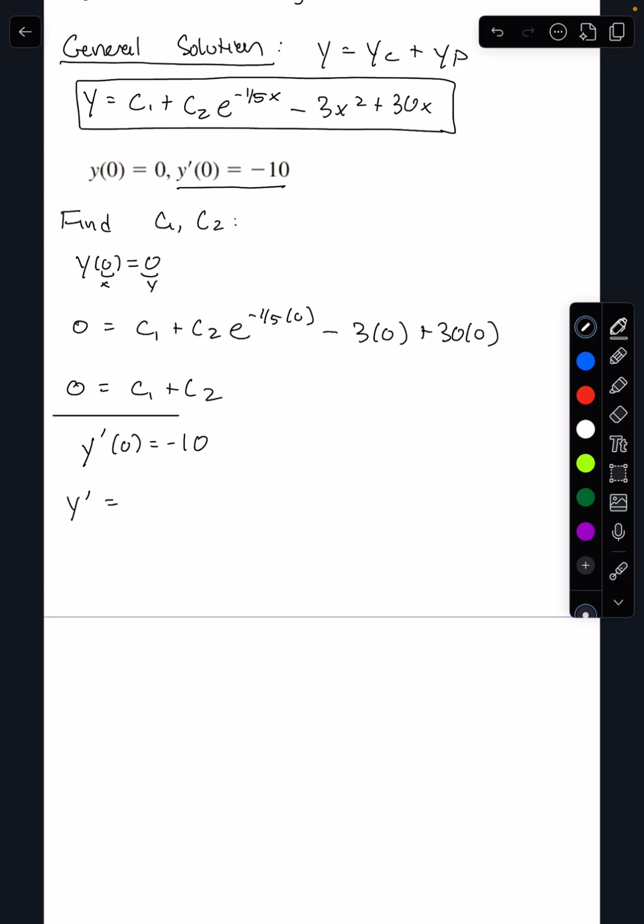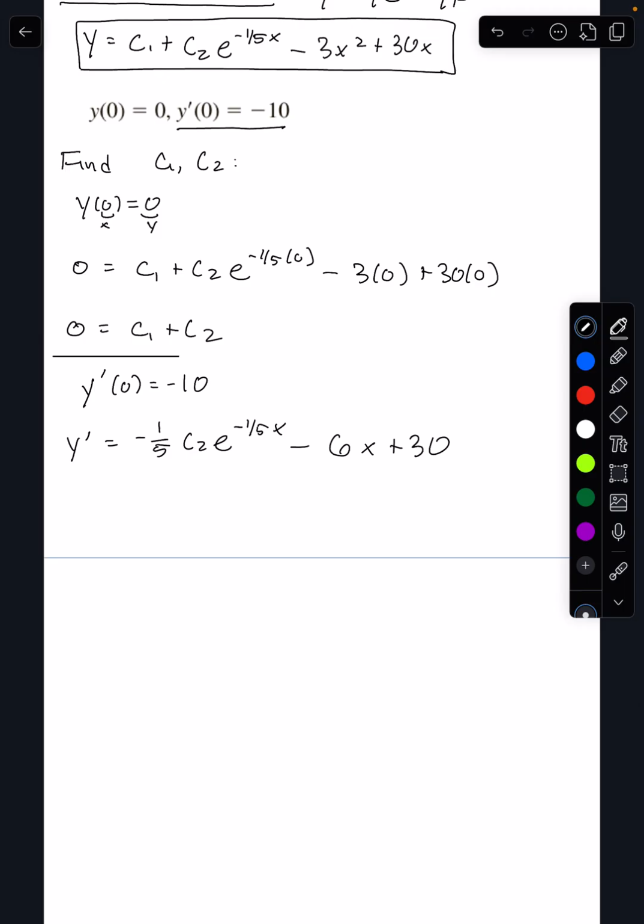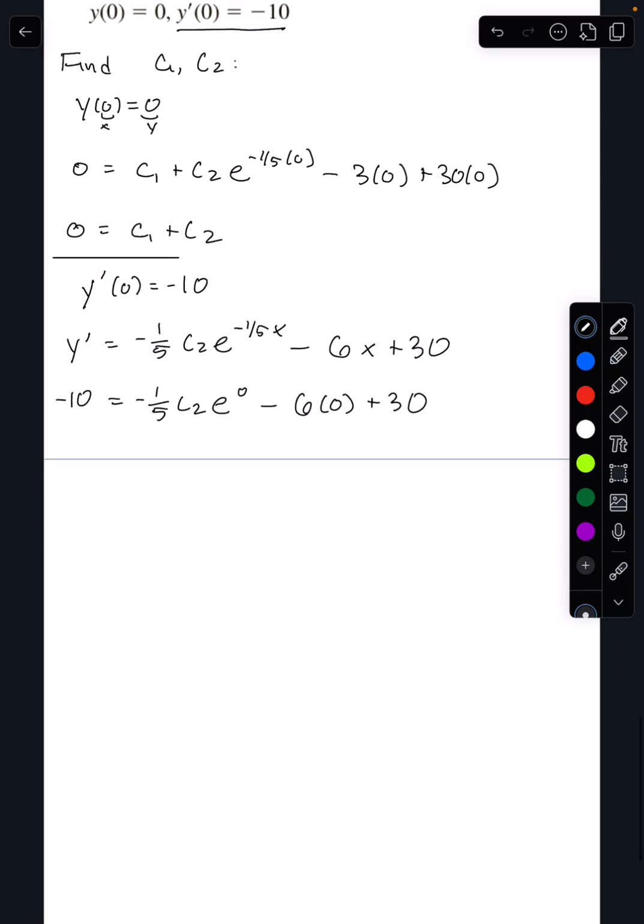For y prime, the C1 goes away, and I get negative 1/5 C2 e to the negative 1/5 x minus 6x plus 30. That's my derivative. Now I want to plug 0 into that, and I should get negative 10. So negative 10 is negative 1/5 C2 e to the 0 minus 6 times 0 plus 30.